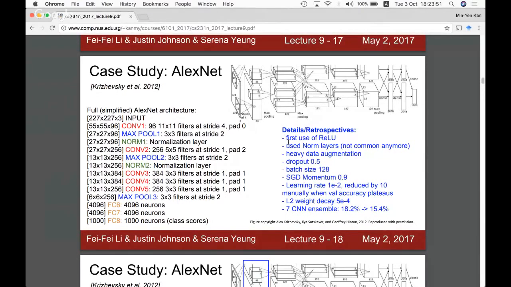First, in AlexNet, they first used the ReLU activation function.